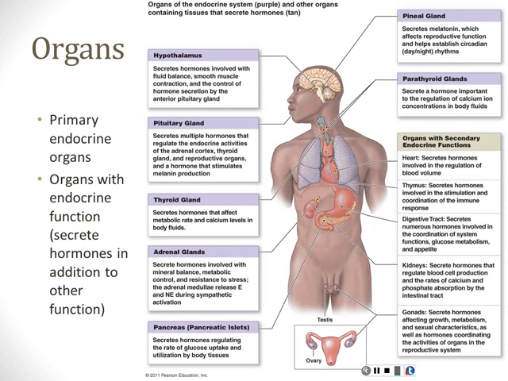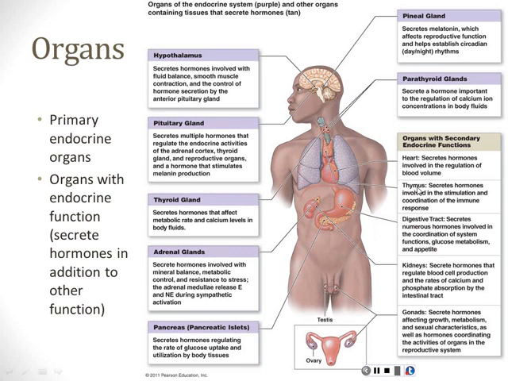So for example, the heart, primary function is to pump blood around, but it also releases some chemical messengers that play a role in the regulation of blood volume. And those are the natriuretic peptides, which we'll talk extensively about in Unit 3 when we finally get there. So the heart has endocrine function.